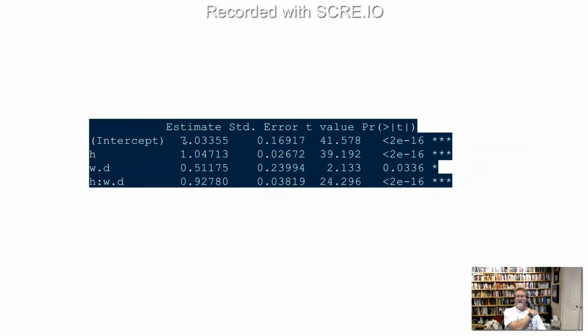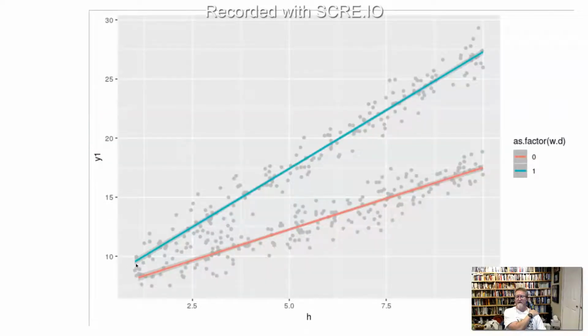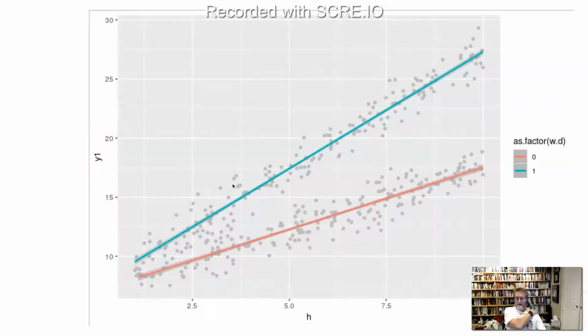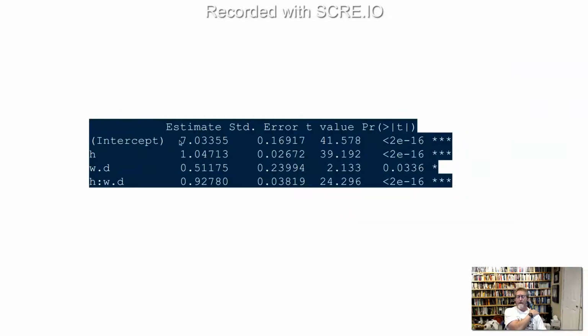I have an intercept, and the intercept is 7, and it's significantly different from 0. So that means that my primary predictor has an intercept that's different from 0. My 0 model is when my factor is set at 0, and that's my default base comparison.